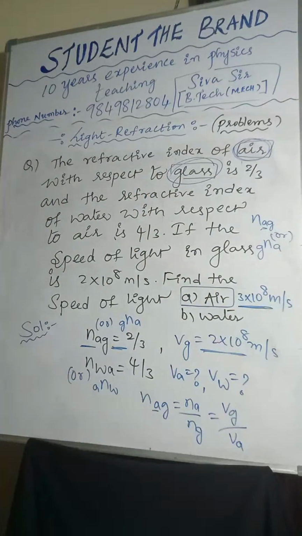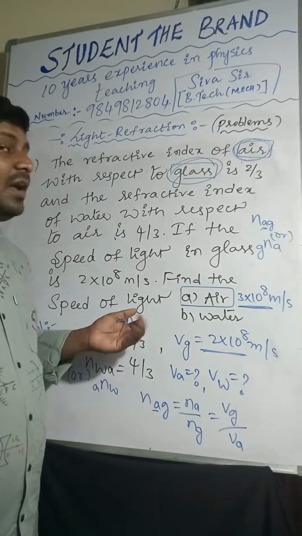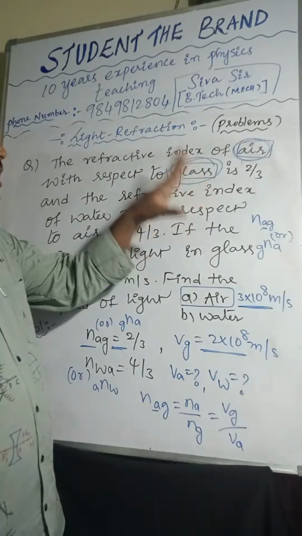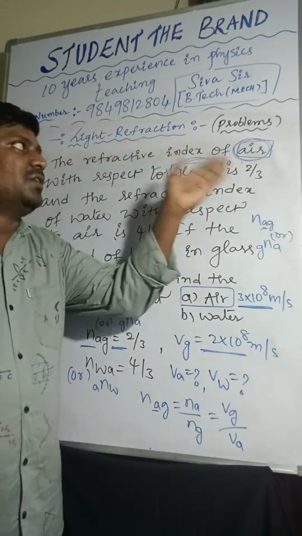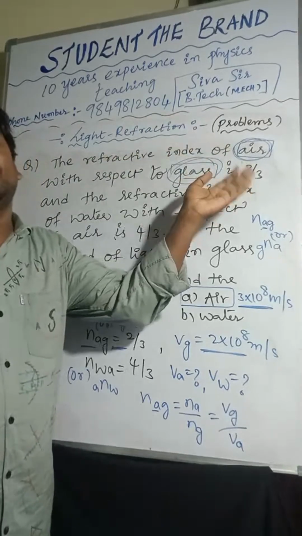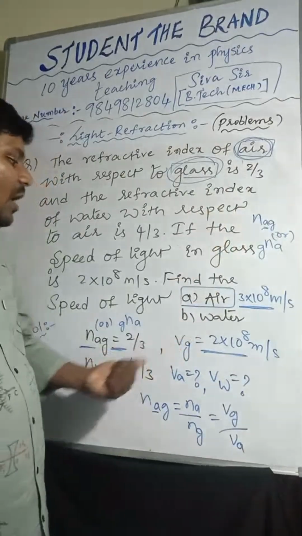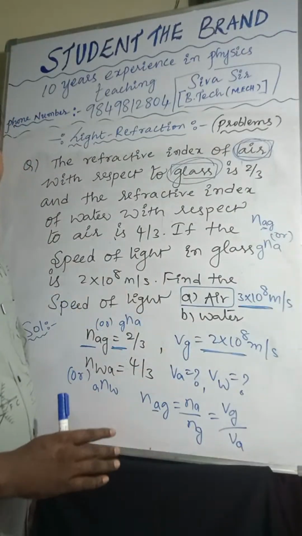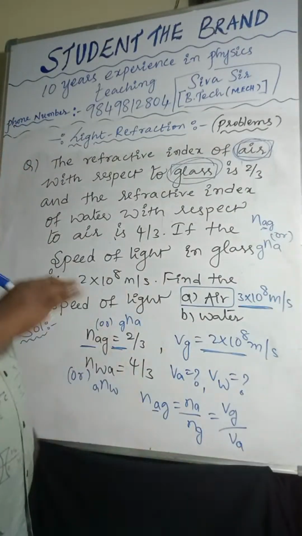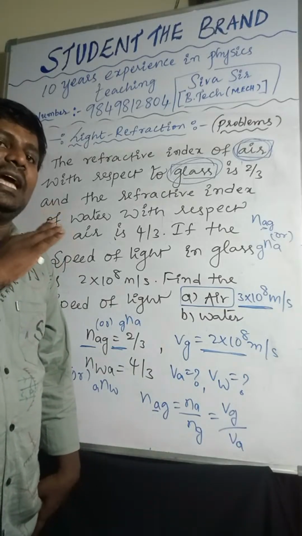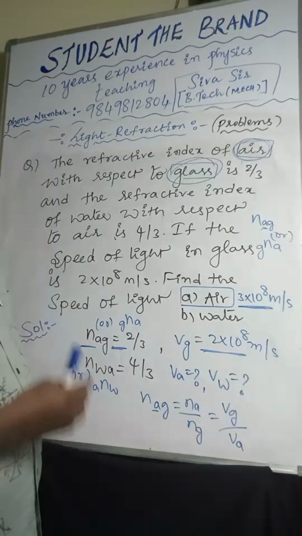You have to write like this. You have to understand how they have given the values, which medium is given first, and which medium is given next. So how to represent, then how to follow. If you follow this, the problem is very easy, very simple.